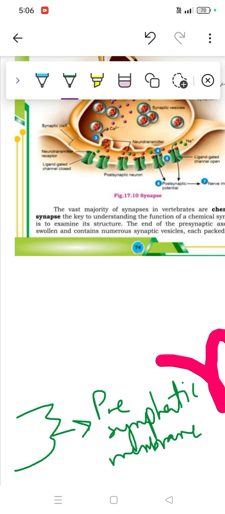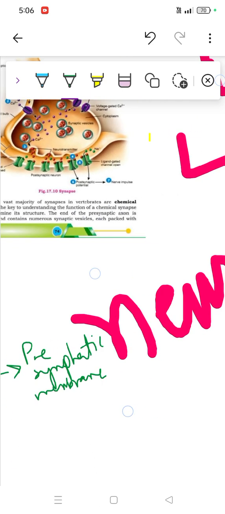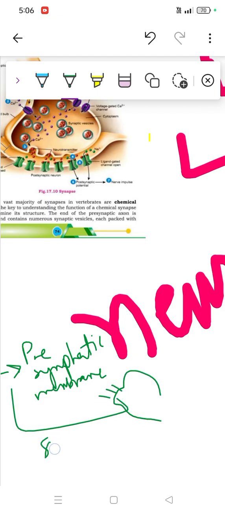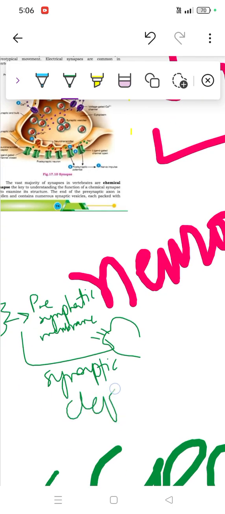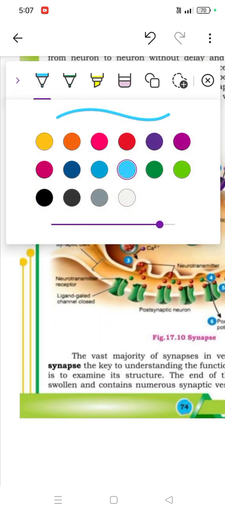The space between this presynaptic membrane and the receptors of the second one, if this is the second one, where receptors would be present, the gap between them is called the synaptic cleft.